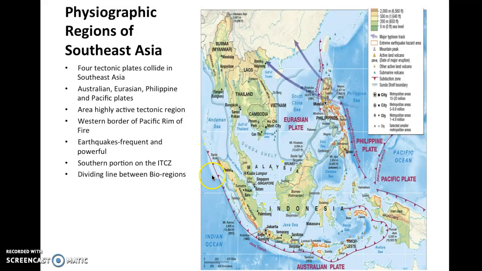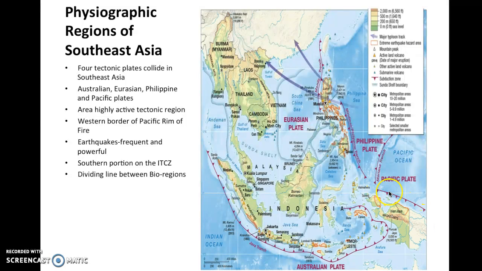What you have is a long line of tectonic activity. So you're going to have volcanoes, lots of earthquakes, and you may have some mountain building, some orogenesis here. Here you have the Pacific plate moving this direction, slamming in here.